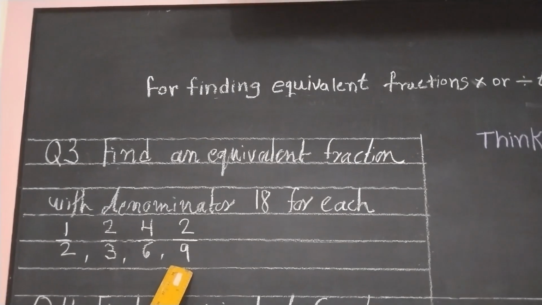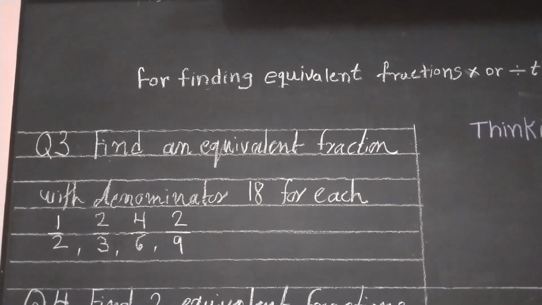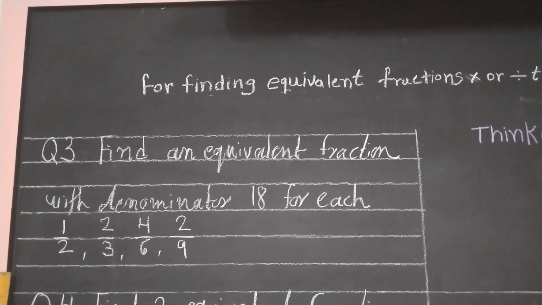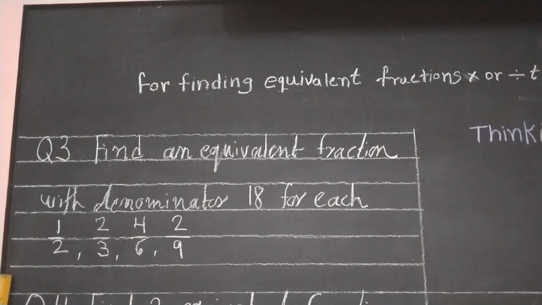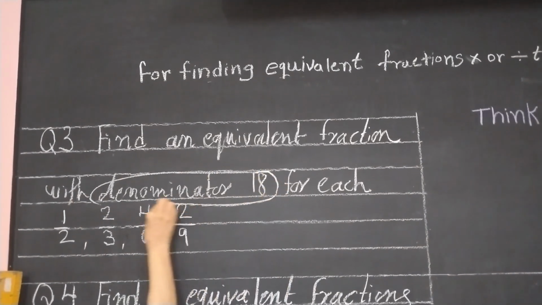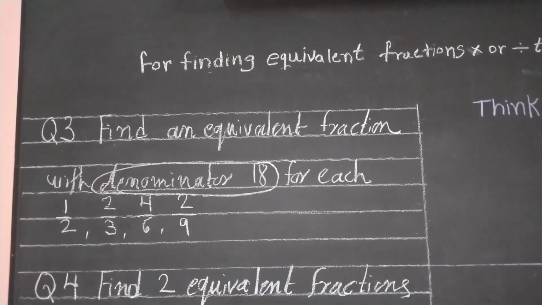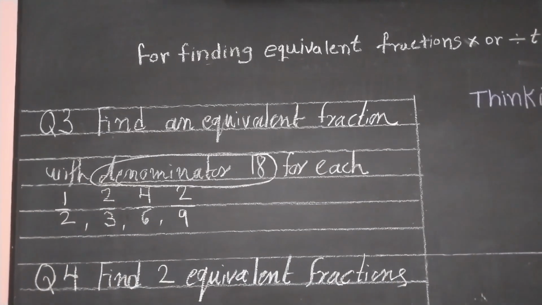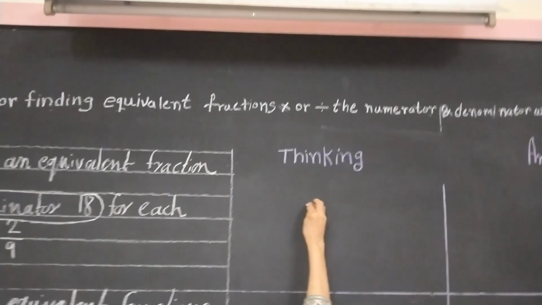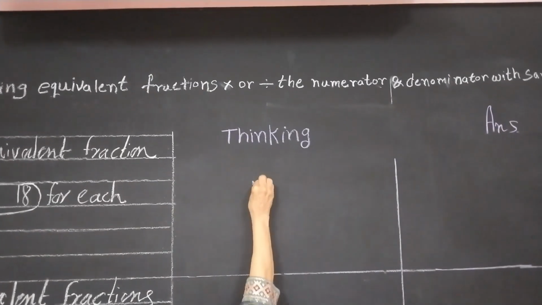Now how must the thinking be? We will have to underline important words where we may go wrong. Denominator 18 has to be there is their condition, and hence in thinking we will be writing 18 as denominator everywhere.